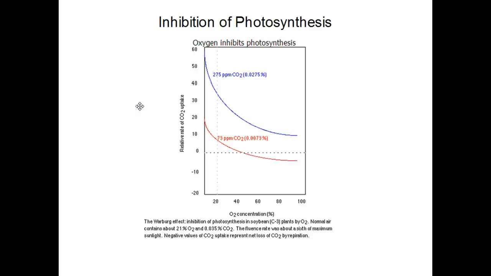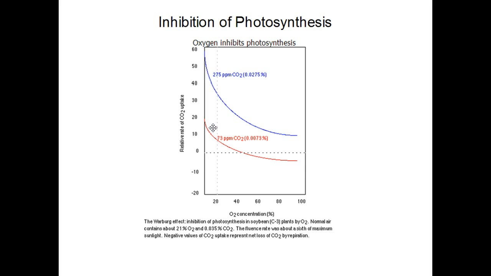Oxygen limits CO2 fixation. In the real world, this isn't something we do in the lab. This is what's going on out here. And here's the curve you've seen, I think, two previous times. And what we find is that if we increase the oxygen level, we decrease the efficiency of photosynthesis.